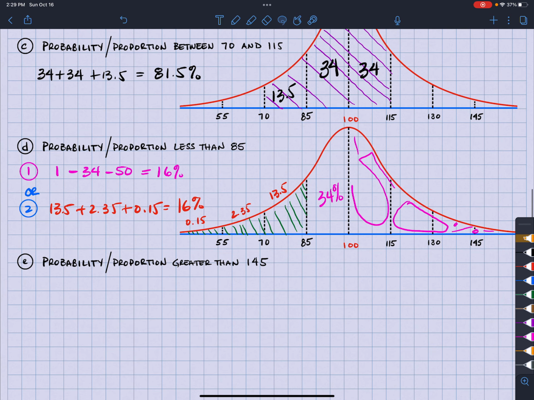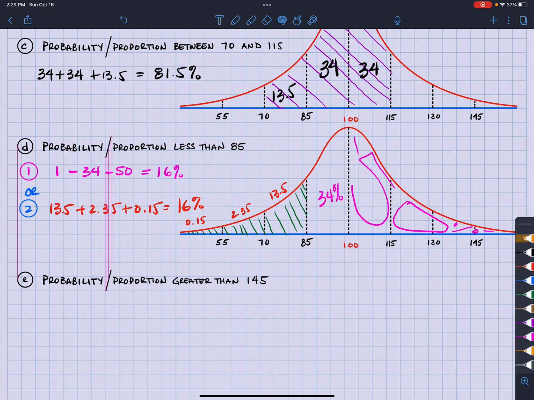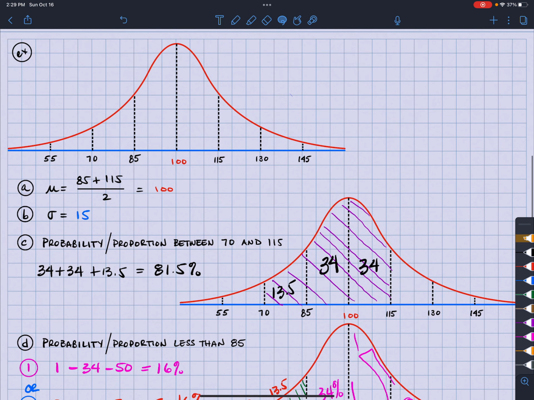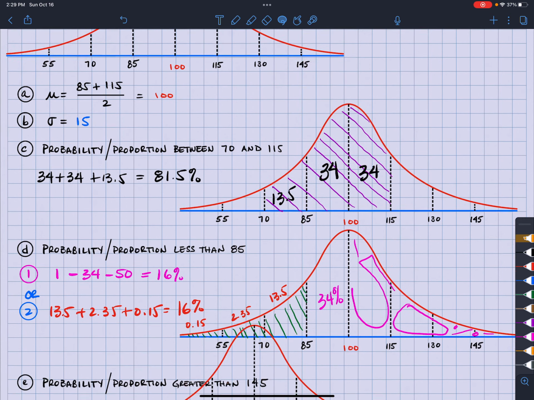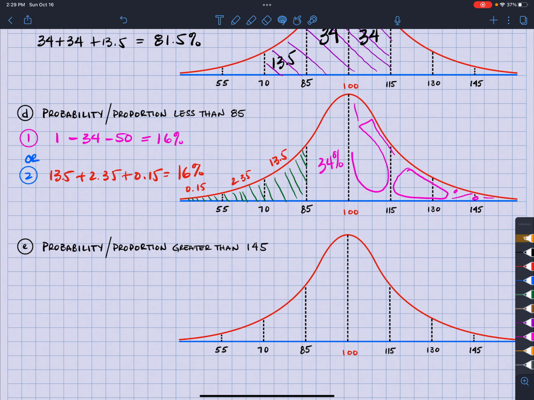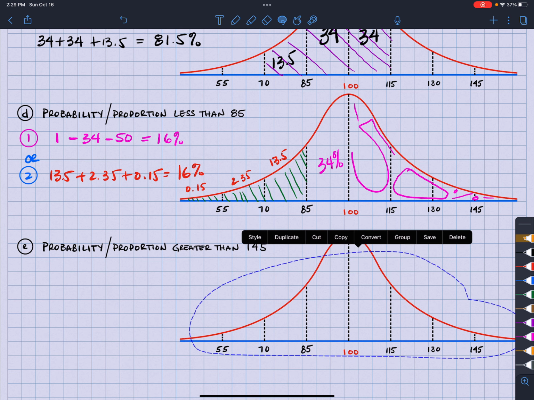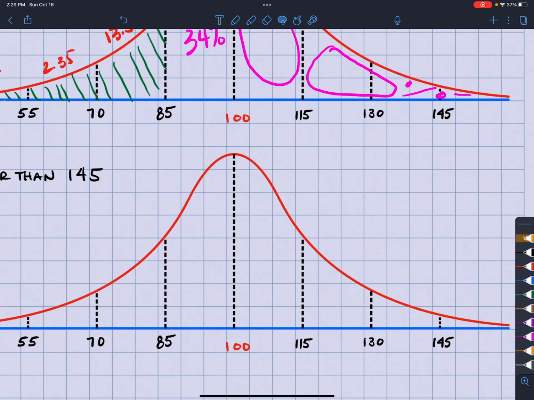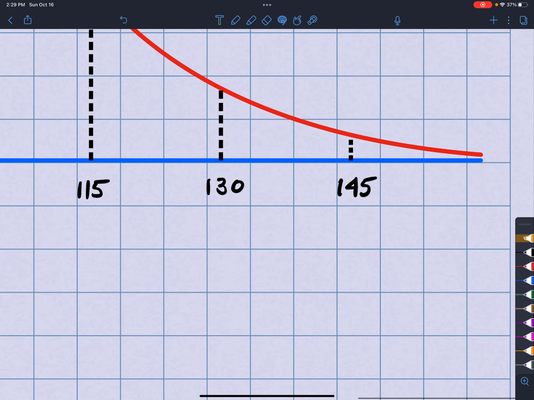Okay, let me bring this down just a little bit, and let's copy this again. I'm sure you guys can do that in your notebook too, right? All right, let's do that. Boom. Now this wants to be greater than 145. Okay, so greater than 145 is literally right here.